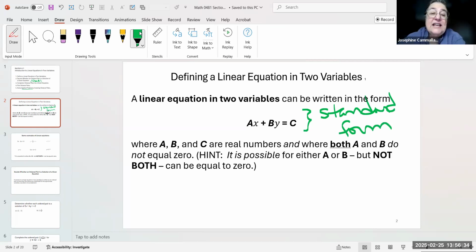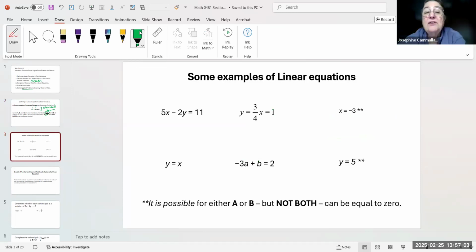And the key is the a and the b cannot both be zero. But there is a possibility that a or b could be zero. And we're going to talk about that when we go further into the course. But x and y are now the two variables we're going to be working with. Now, here are some examples of linear equations.